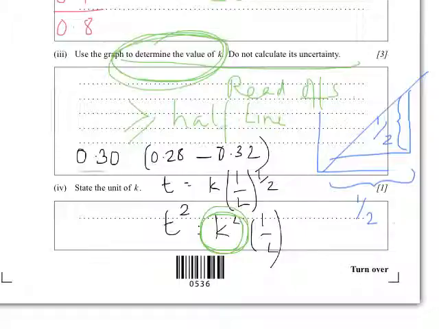So this value here is equal to k squared. So now you must square root it in order to give you the actual value of k, which will give us a value of k equals 0.55. It's also accepted the full range of 0.53 to 0.57.